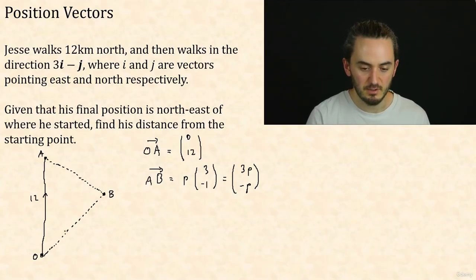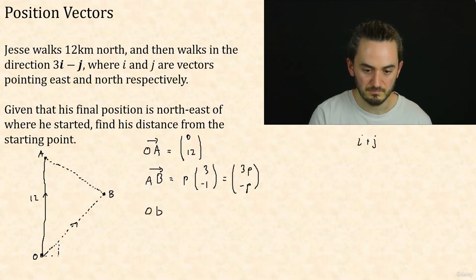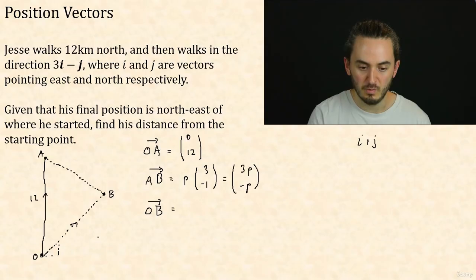He finds himself northeast of where he started, which means that this vector must be some amount of the vector i plus j, because i plus j, going along 1, up 1, is northeast. So what we know is that his final position, OB, is some amount of along 1, up 1.